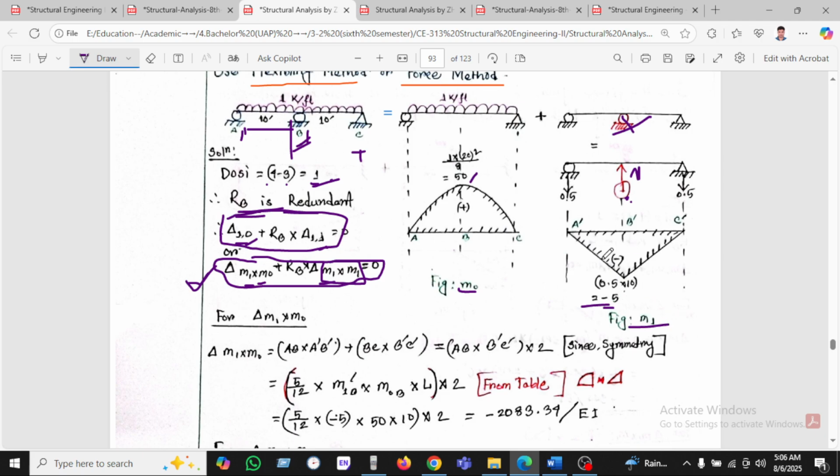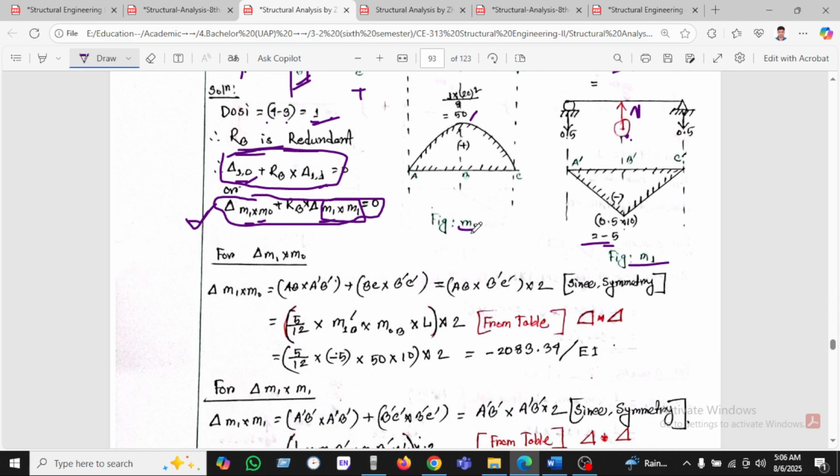This is the diagram of M1. So we find the two diagrams, M0 and M1.